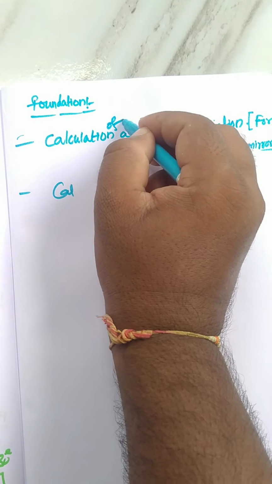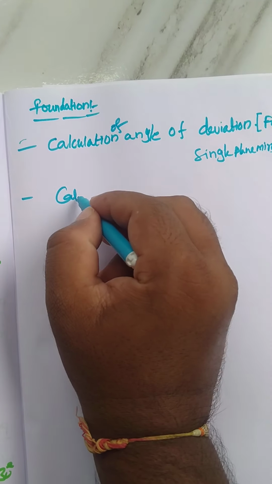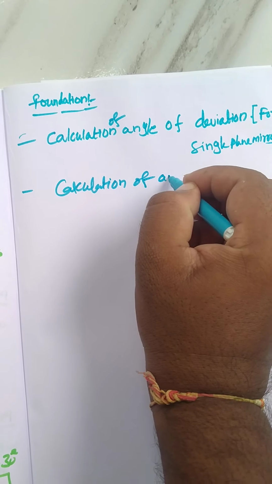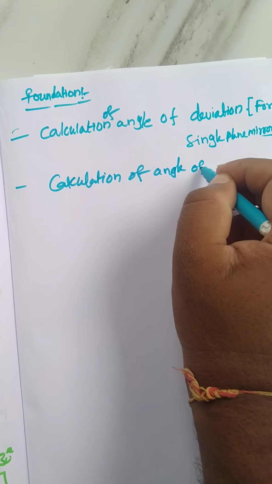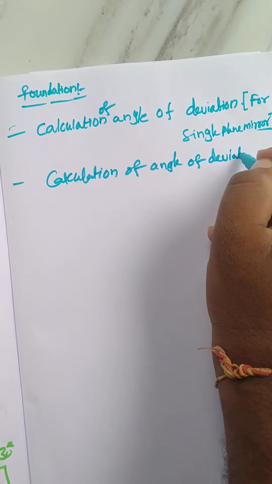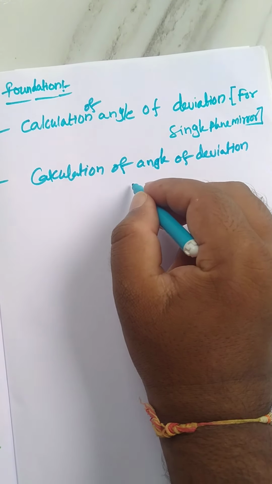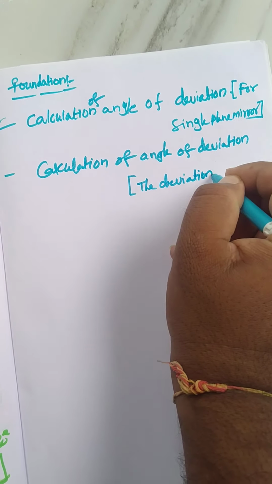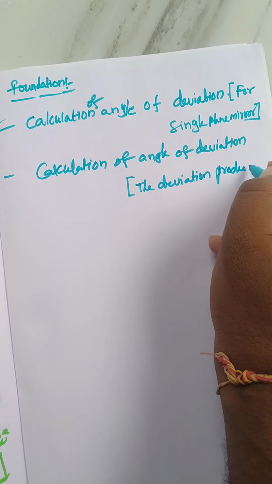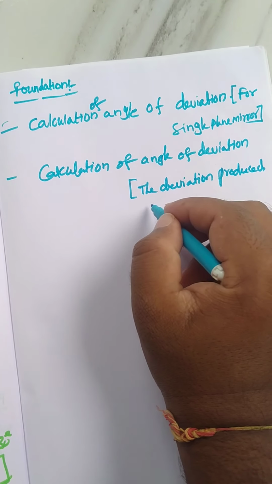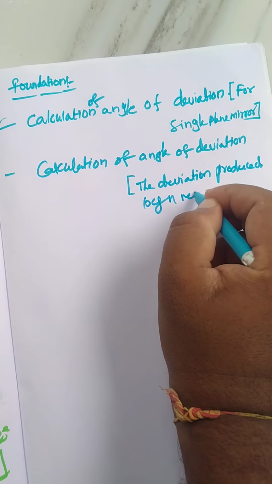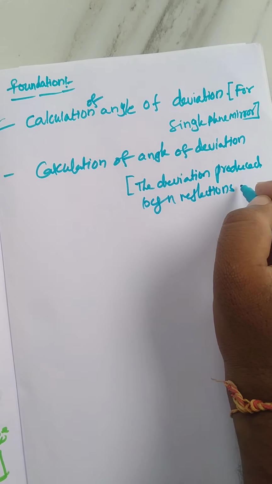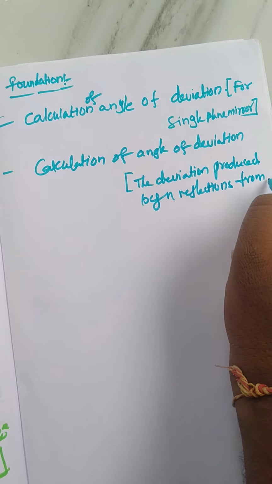Next is the calculation of angle of deviation, which means the deviation produced by n reflections from two plane mirrors inclined at angle theta.